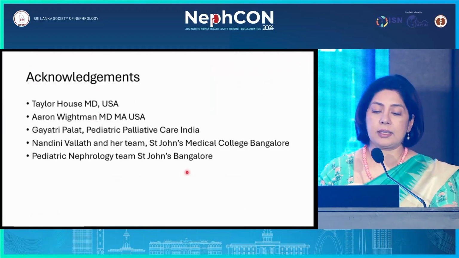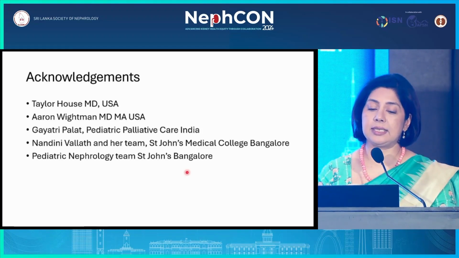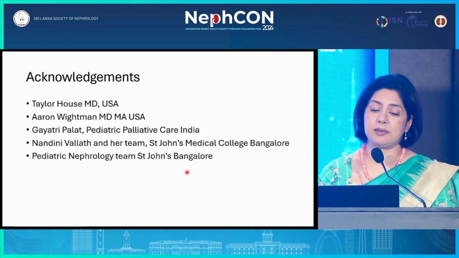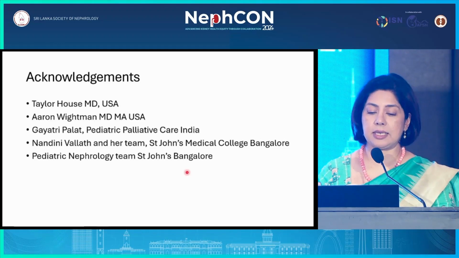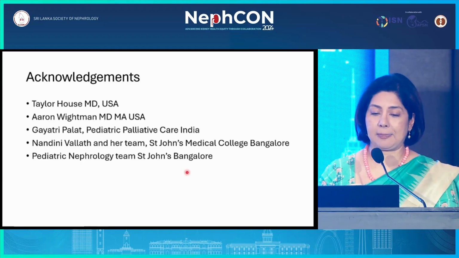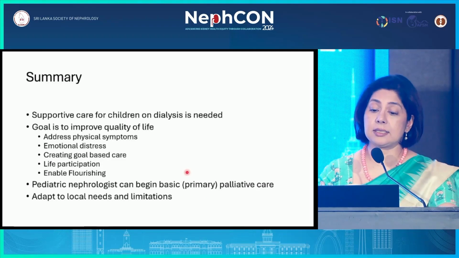Before I conclude, I'd like to acknowledge the following people who I've begun to work with. We have started screening our patients for CKD symptoms and integrating a palliative care team member into our chronic kidney disease and transplant clinics, as well as in the hemodialysis unit. I hope it goes well. We're just beginning. So in summary, supportive care for children on dialysis is much needed.